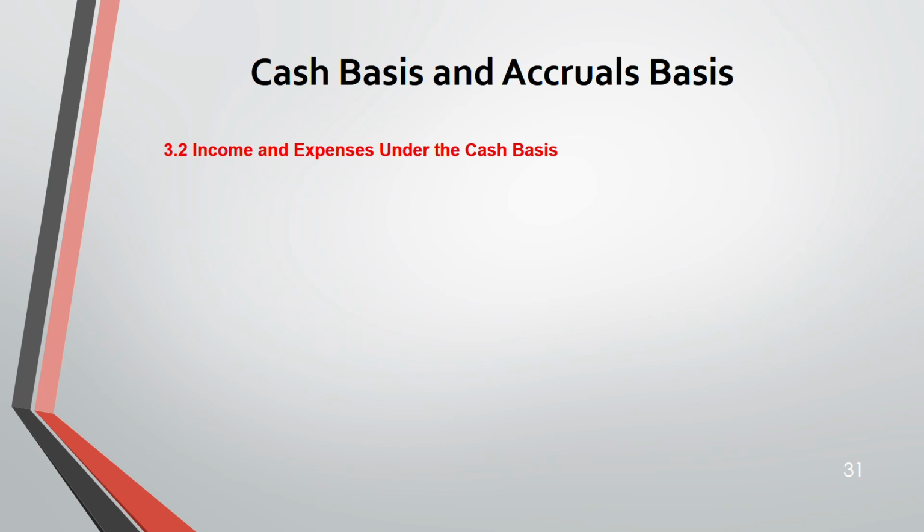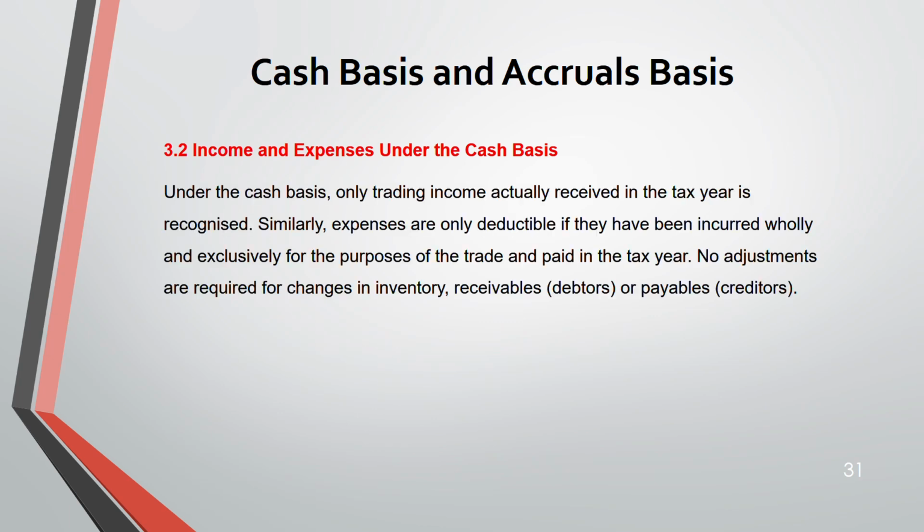Now, income and expenses. So what are the differences? If you're under cash basis, that means only what you have actually received will be recognized. And expenses are only deductible when you have paid for them.